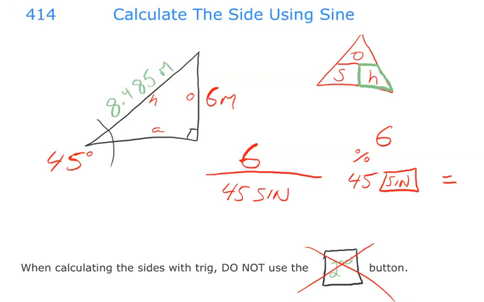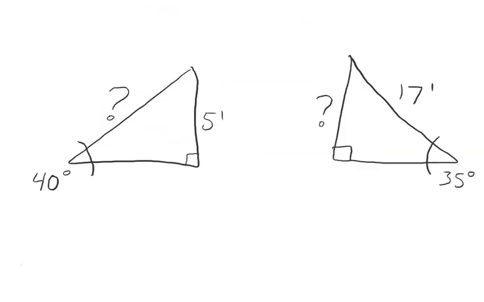Let's do some more practice and see if we can get on board. What I invite you to do now is to pause the video and have a look at these and think about using the sine function, opposite over hypotenuse. We're looking across, that's opposite, that's hypotenuse.